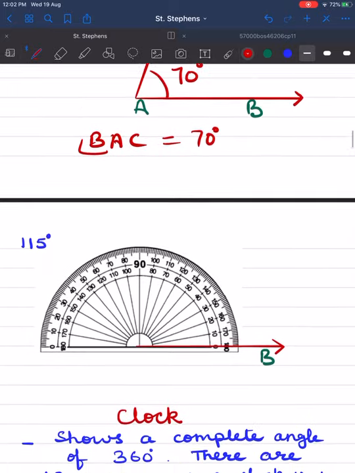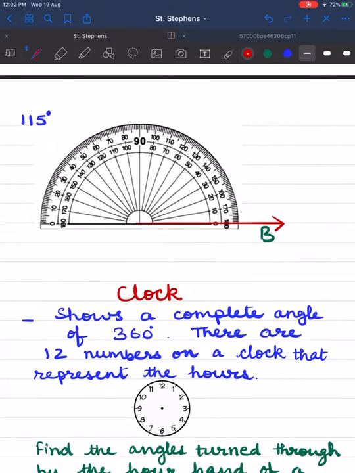Now let's draw a 115 degree angle with the help of a protractor. So again we draw a ray AB and we place the protractor on AB such that the midpoint of the protractor is on point A. We read the marking of 115 degrees on the curved edge of the protractor. Now 115 degrees is greater than 90 degrees, so it will lie this side.